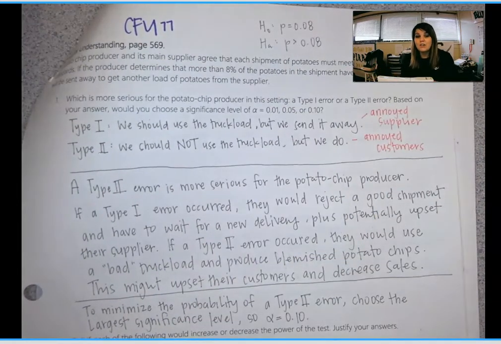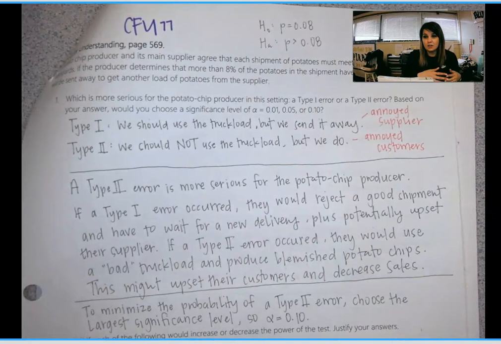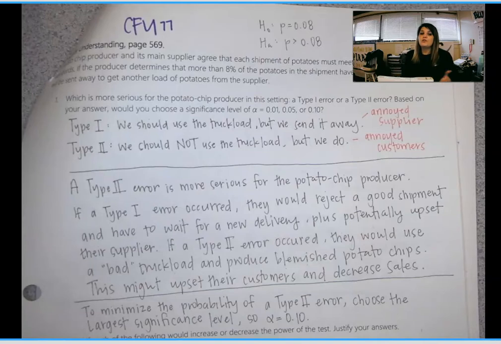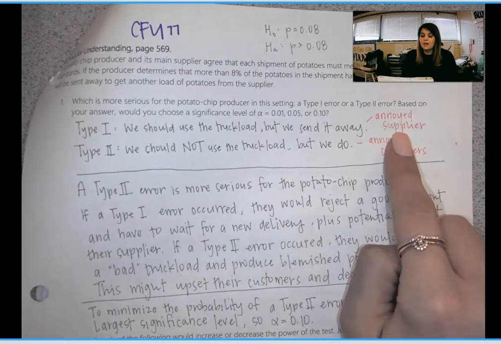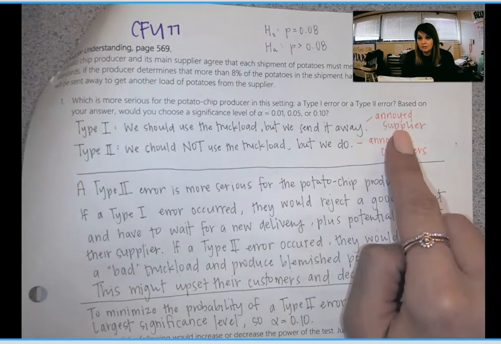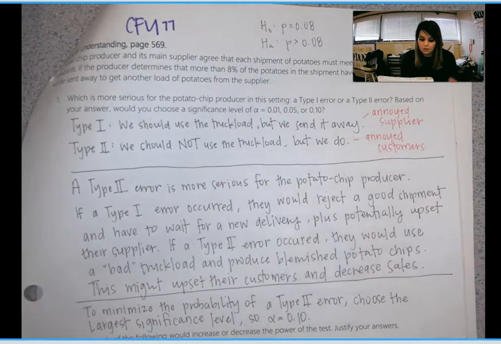So not only are they checking it at the grower, at the distributor probably, but then the receiver is also checking it. So if you send it back when you shouldn't, your supplier might be annoyed that you sent it back unjustly, I guess you would say.